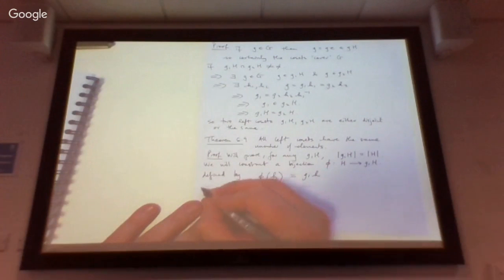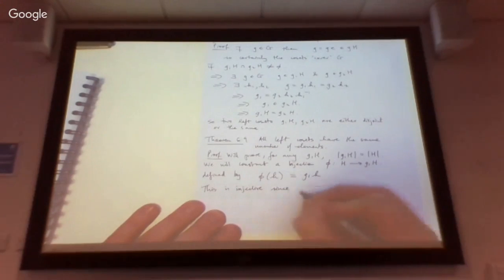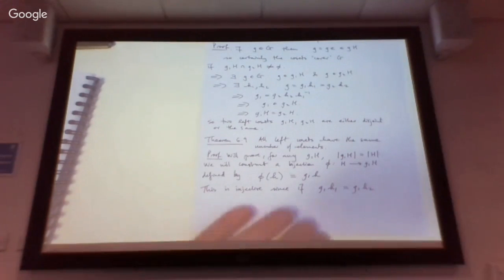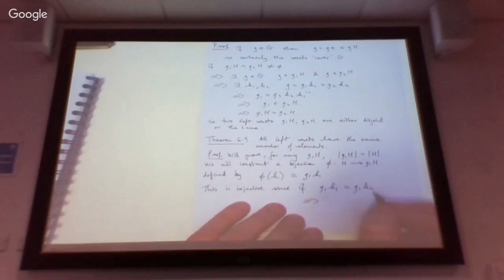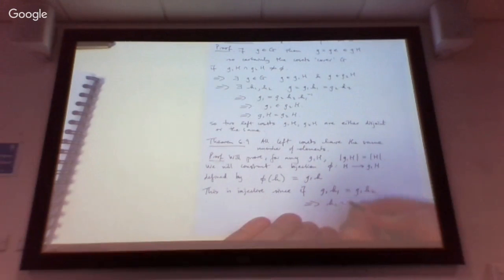So this is injective, since if G1h1 is equal to G1h2, i.e. if phi of h1 is equal to phi of h2, well, we can simply cancel G1 from both sides, multiply both sides by G1 inverse, and we get h1 equals h2.